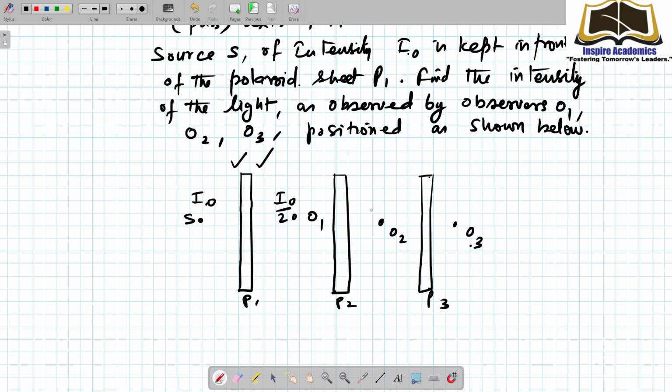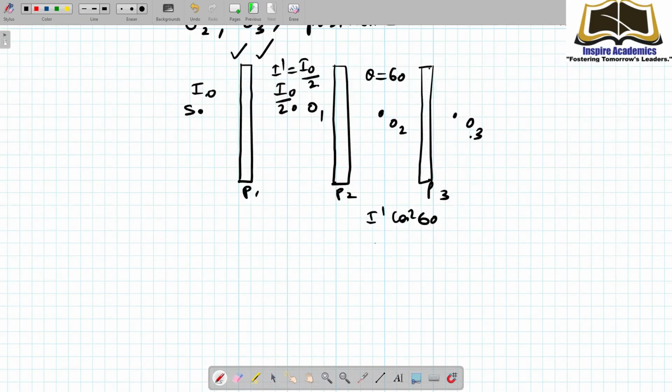And here at O2, since my theta here is 60 degree, so what will I receive? Let's say I dash is I naught upon 2. So whatever is I dash, it will be I dash cos square 60. So it will be I naught upon 2 into 1 upon 2 whole square.